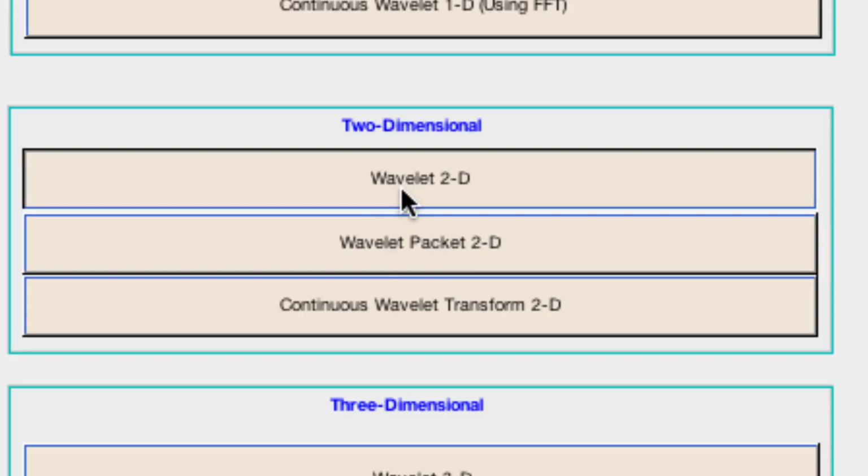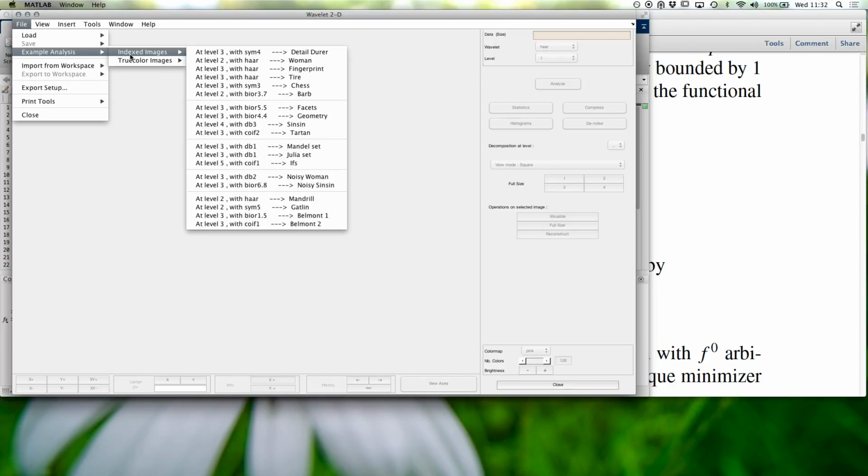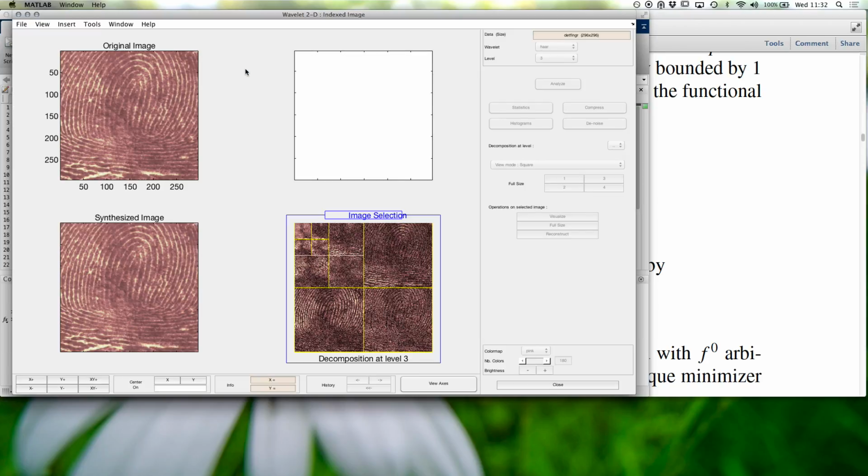So I'll take the wavelet 2D, and let's take, for example, the fingerprint image, because the fingerprint image represents one big breakthrough with wavelets. I think it was in the 90s when the FBI needed to compress fingerprint images in their digital repository of images, and they were looking for a good enough compression method so that when decompressed, the fingerprint information would still be good.